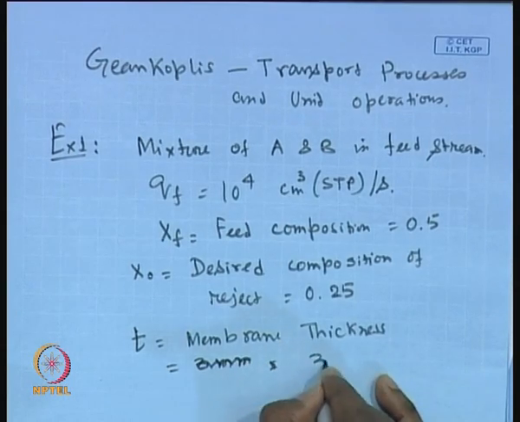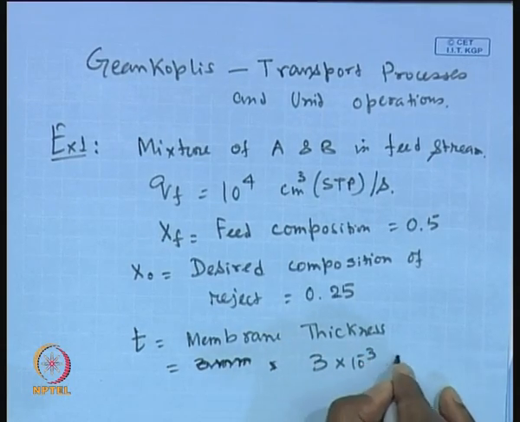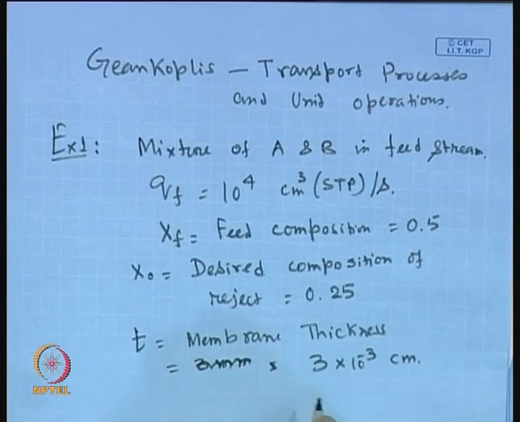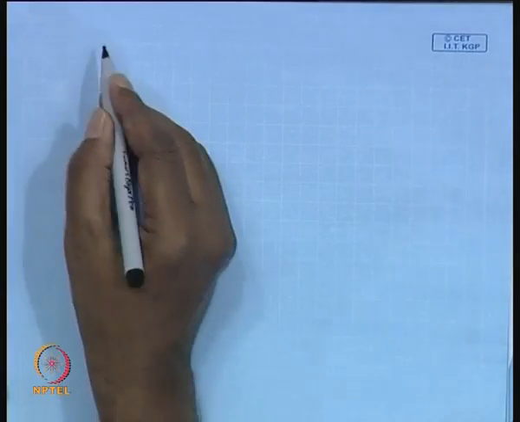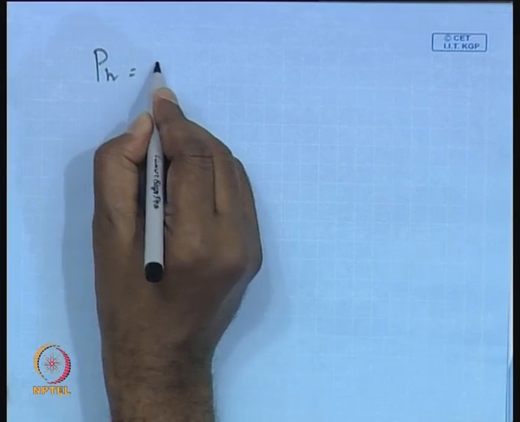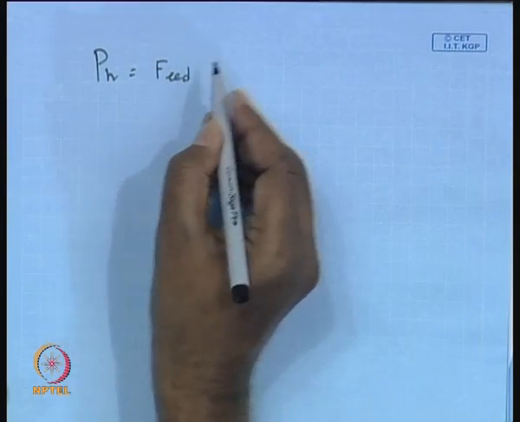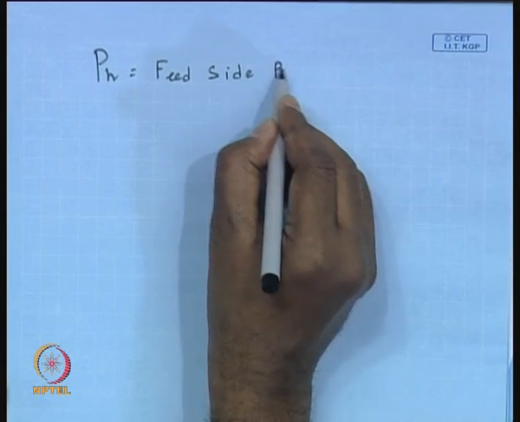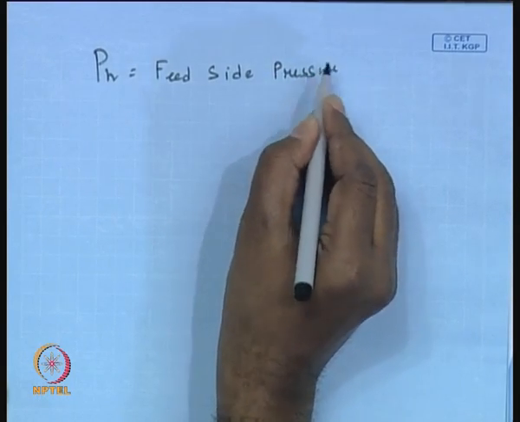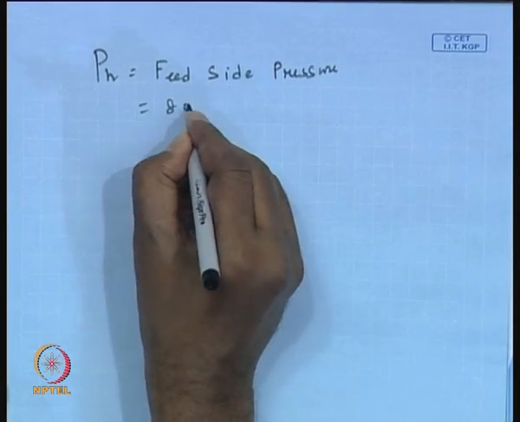So, it is given as 3 into 10 to the power minus 3 centimeter. Okay. pH, the feed side pressure, is given as 80 centimeter mercury.